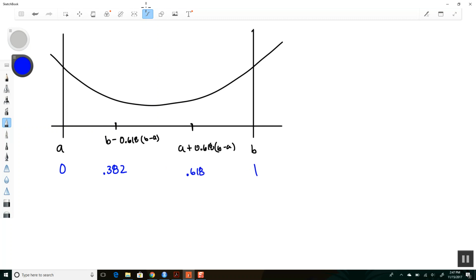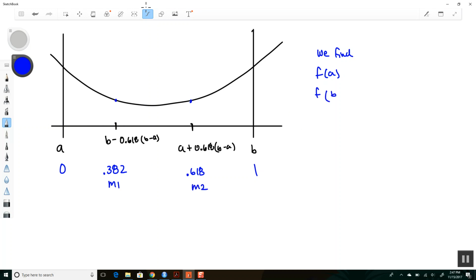Okay. And what do we do? Well, we find f of A. I'm going to call these M1 and M2.